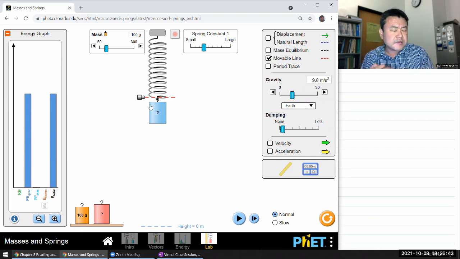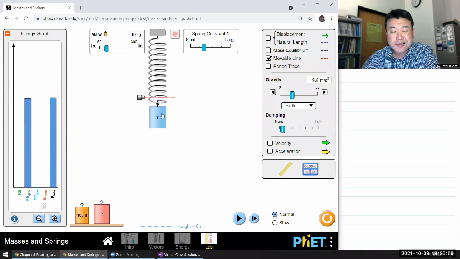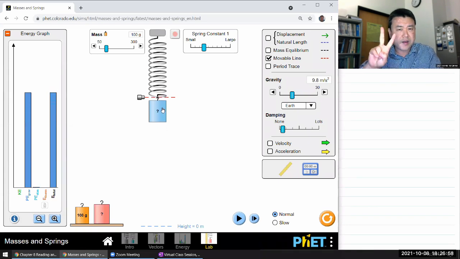But in some sense, it's more complicated than it needs to be, because how much the spring is stretched and whatever the height of the mass is, those are two things that are actually tied together. So it's going to be only one thing. And so to be treating them as two separate things, there's some sense of inefficiency there.